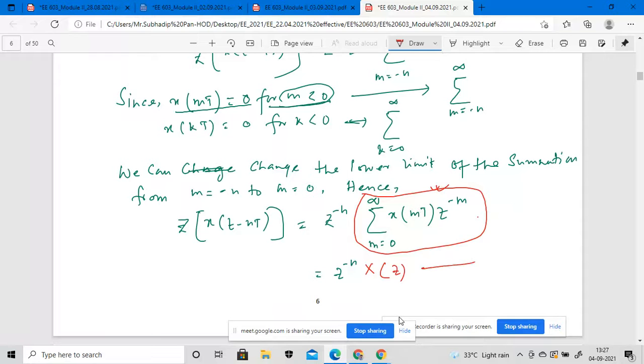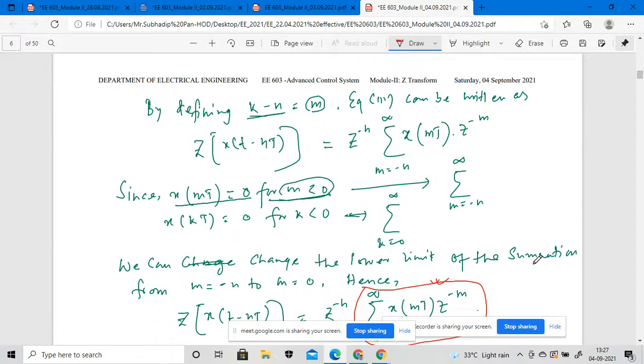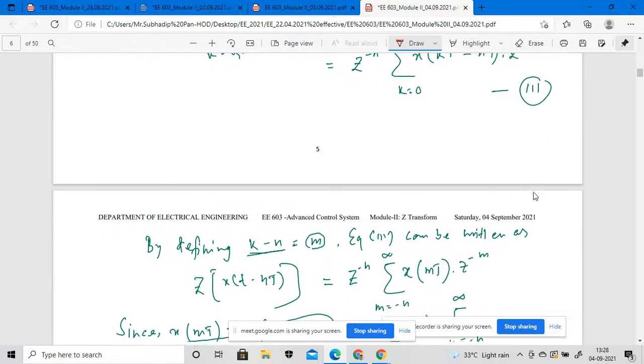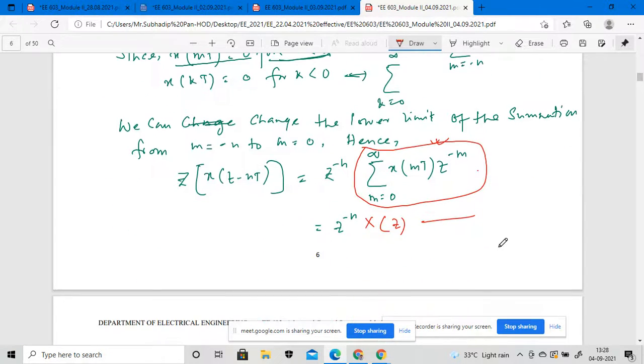So this equation is number 3, and we will consider this equation as number 4. So the z transformation of x of t minus nT becomes z to the power minus n times X of z.